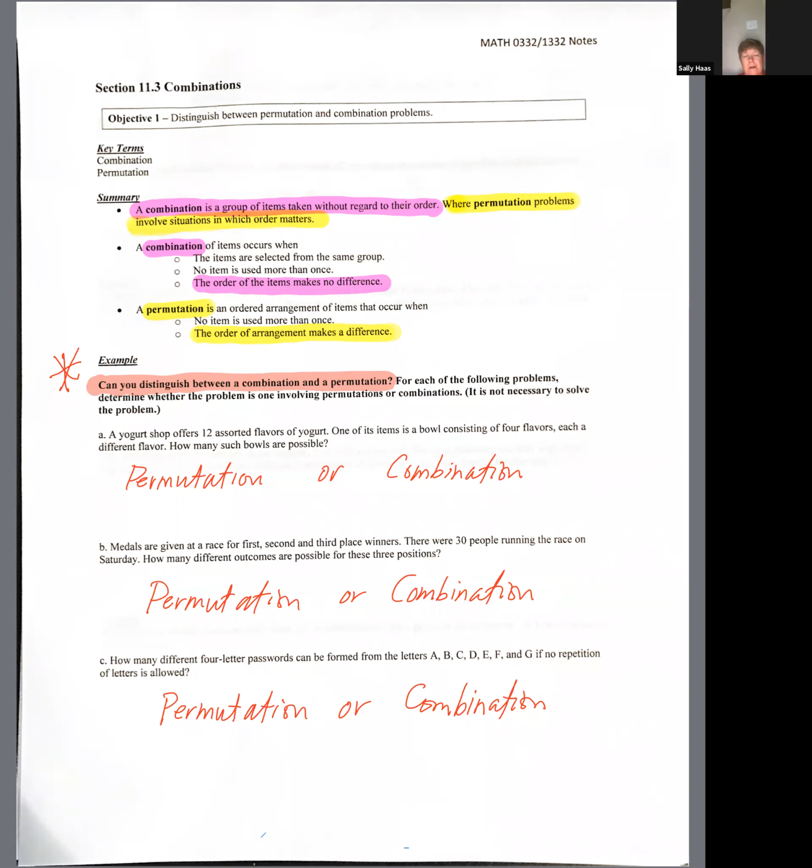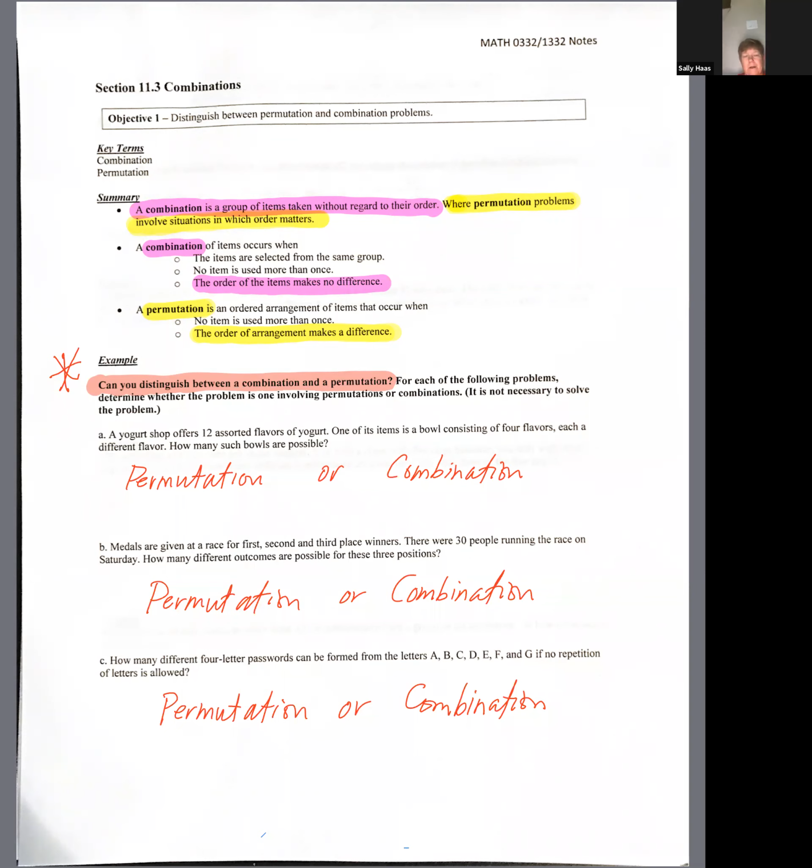So you wouldn't count each one of them as different. And what we'll notice here is the keystroke is going to look a little bit different. It actually is the nCr. On the next page, we'll see how to plug that into the calculator.